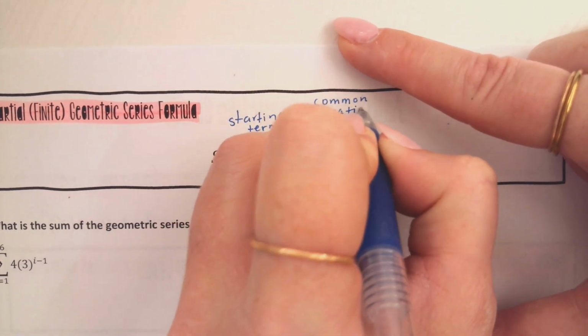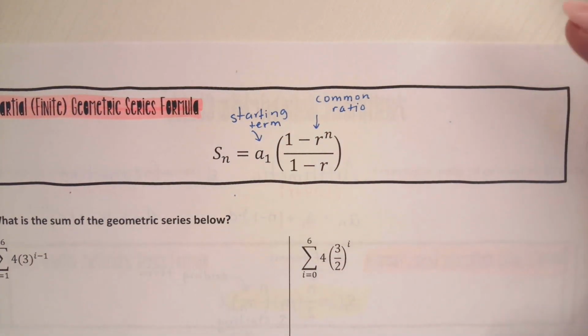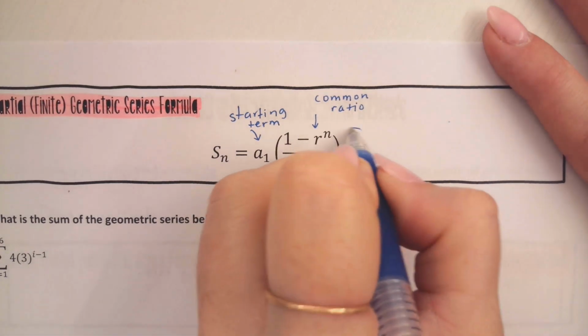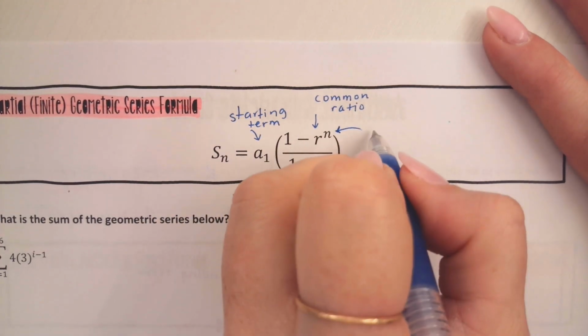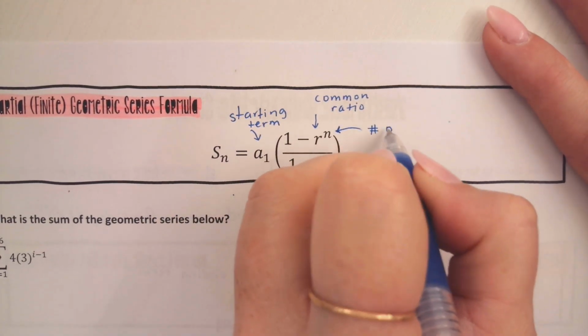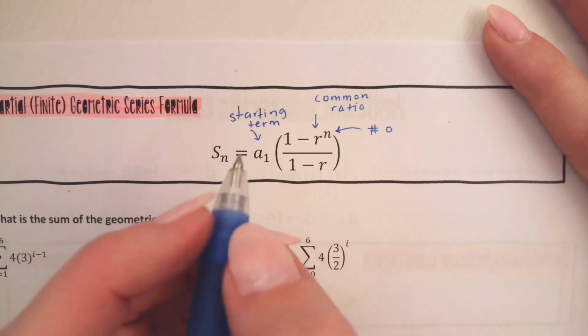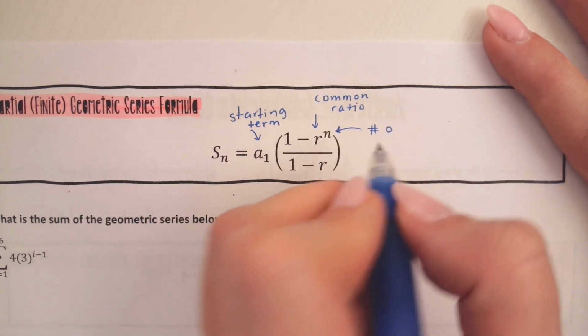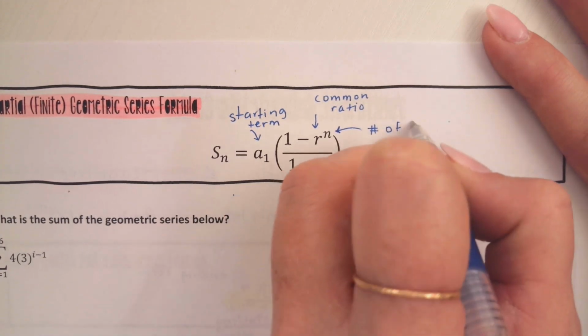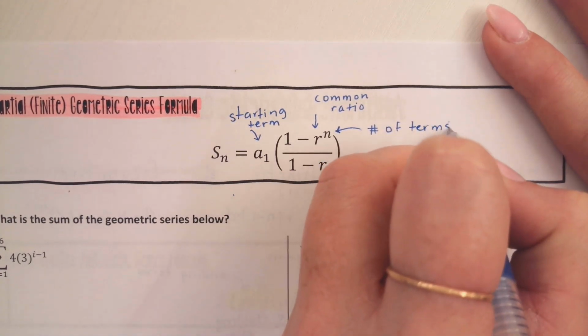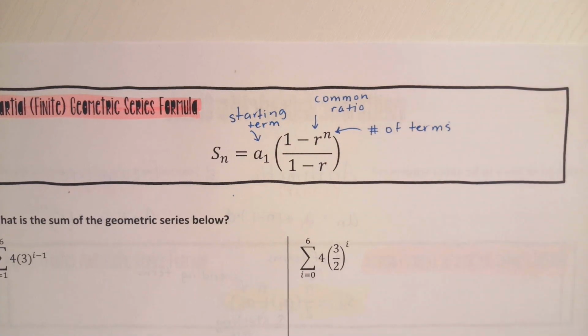And then we have N. N is just how many terms you're adding up. Number of terms. What does this one not have that the last one did? Feel free to flip back. Ending term. It doesn't have ending term, right? Which is kind of nice.